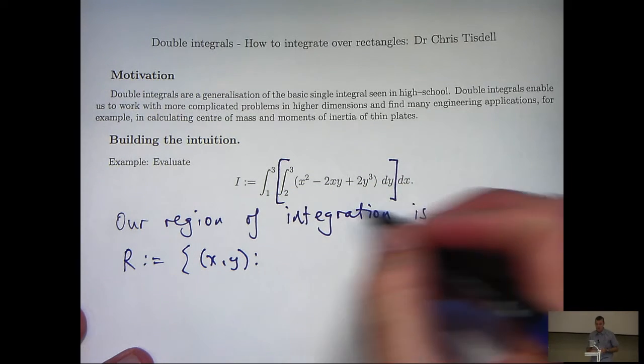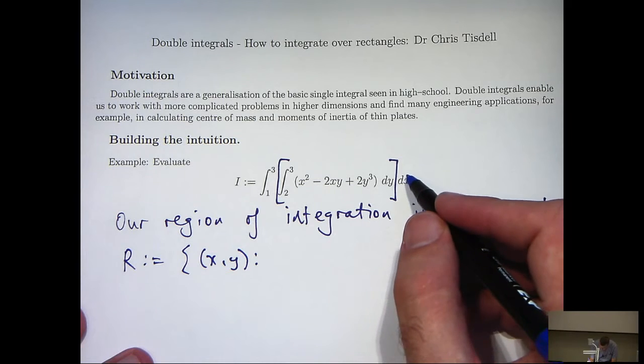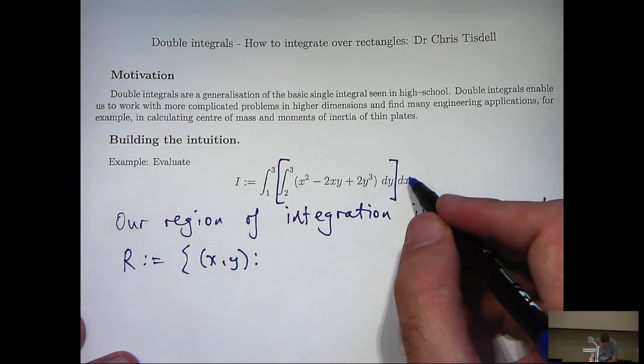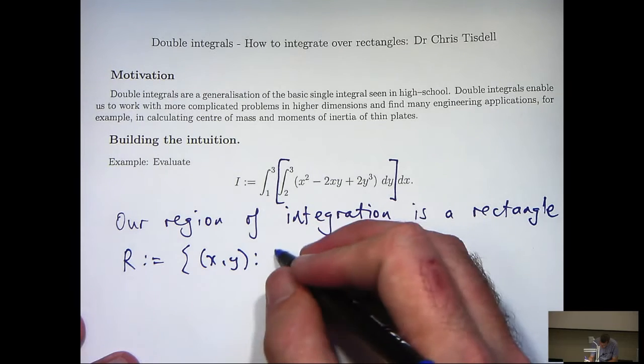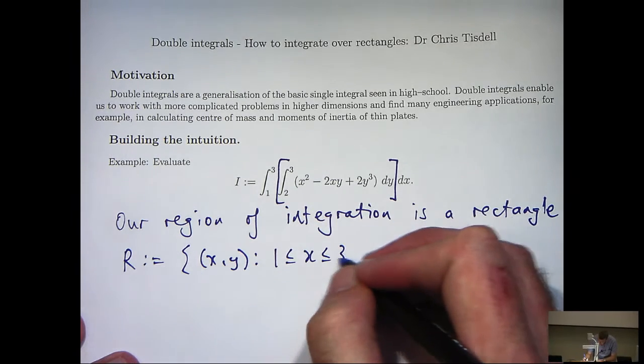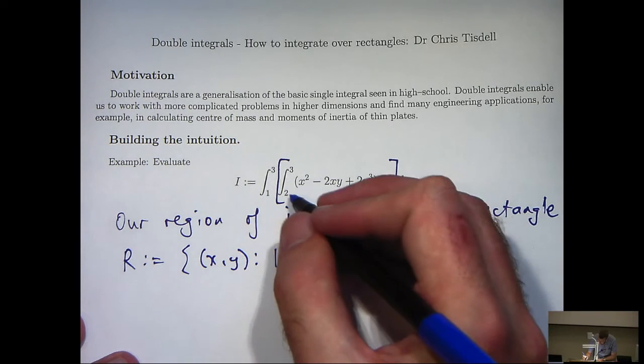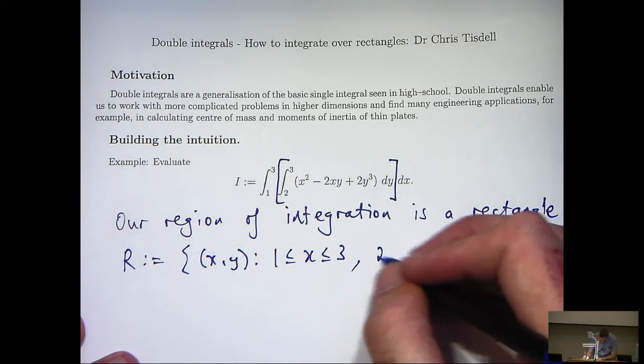Now it's important that you team those up because they give you the bounds on the region of integration. So x would be between 1 and 3, and y would be between 2 and 3.